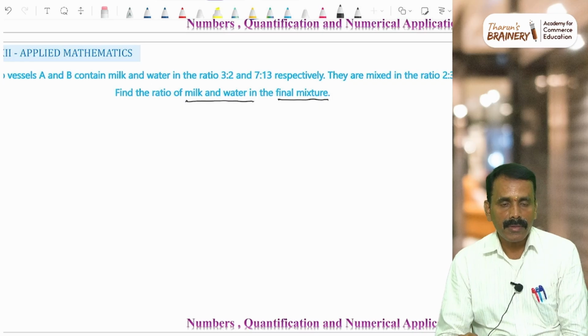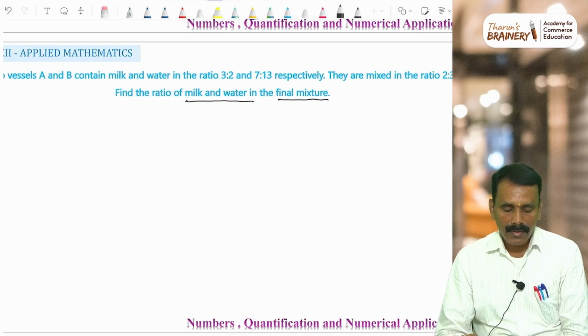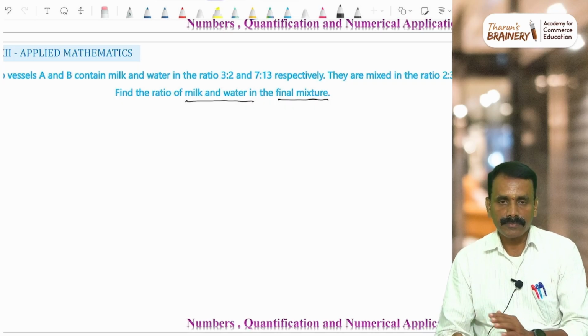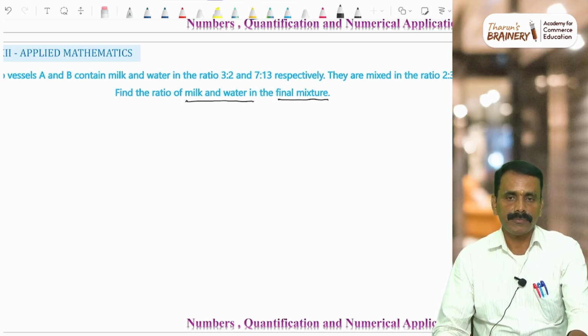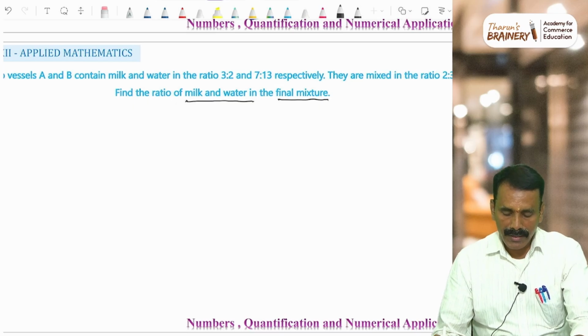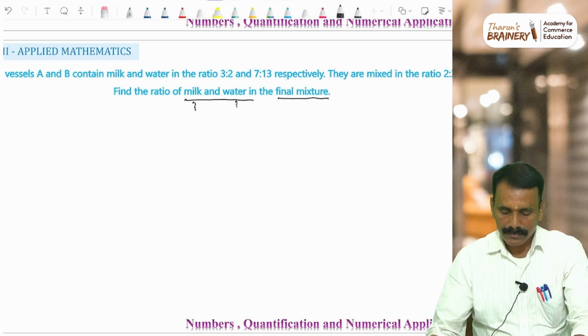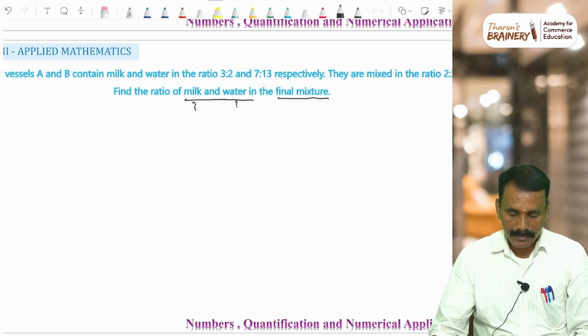But in this problem, they have given the ratio in which the mixtures from vessel A and vessel B are mixed. The ratio is given to us. And we are supposed to find the ratio in which the milk and water are present. And we start the problem.